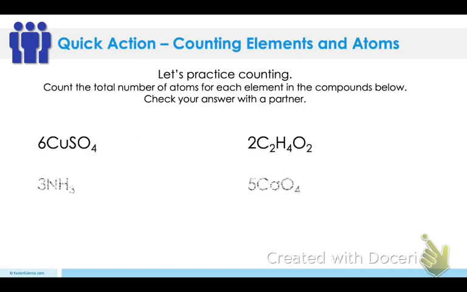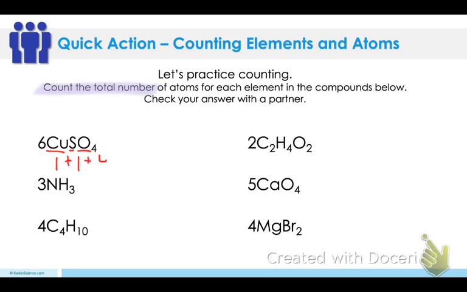Alright, so now you're going to practice counting the total number of atoms of each element in the compound. So you have your coefficients and you have your subscripts. For example, on this first one, we're going to go through it together. I have my Cu, so I have 1, and I have 4.